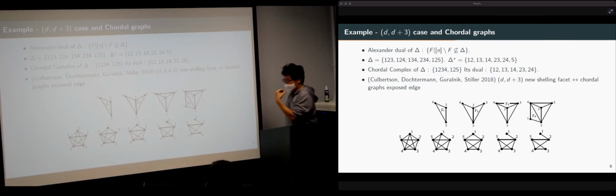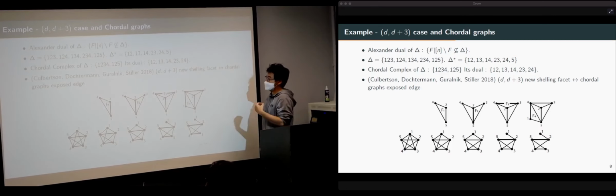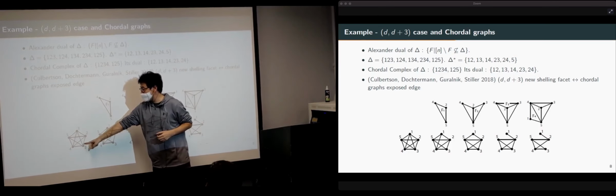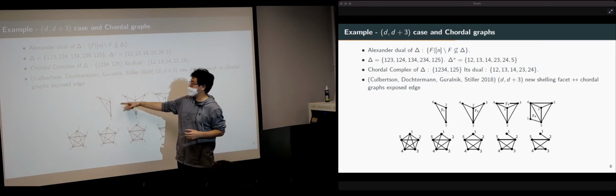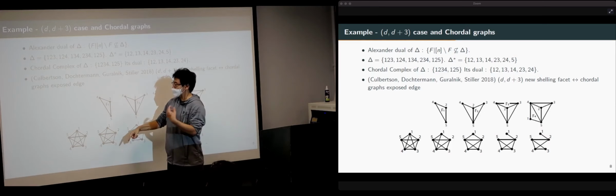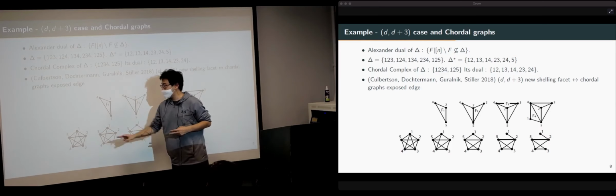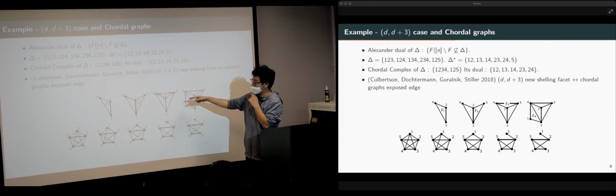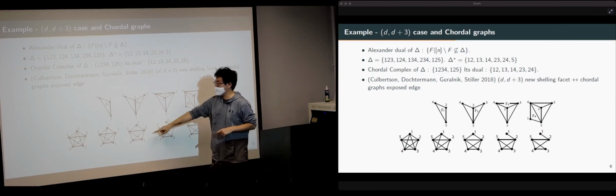for the d+3 case, what happens is that if you take the dual then each complex basically corresponds to a graph because all the facets each correspond to a cardinality 2 subset. And what happens is that shellable complexes are in bijection with what are called chordal graphs.